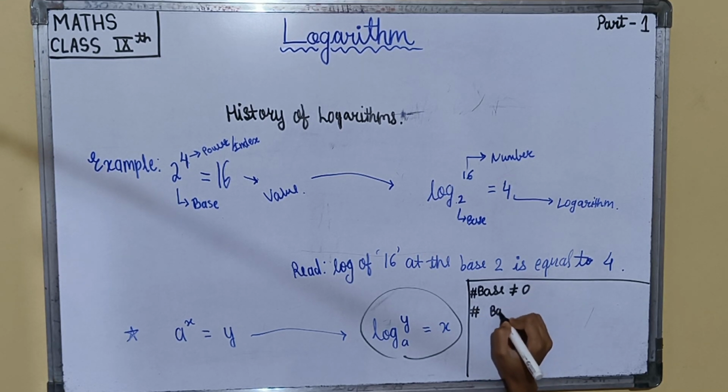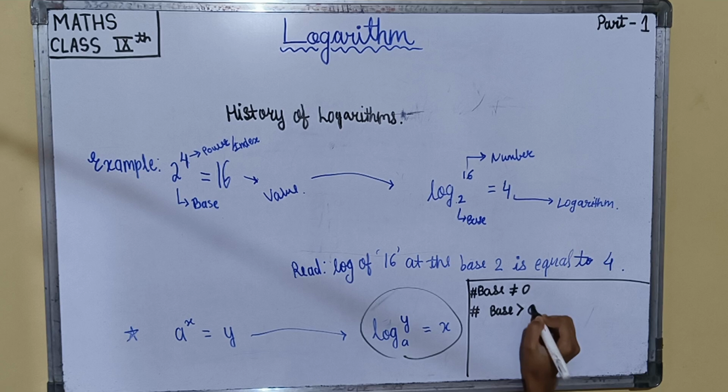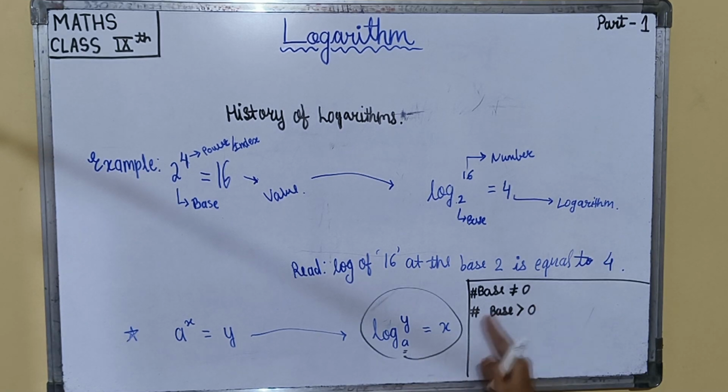Second, base should be greater than 0. This base should not be 0, and this base should be greater than 0. Also, base should not be 1. This base should not be 1.